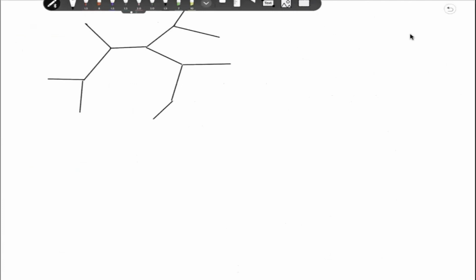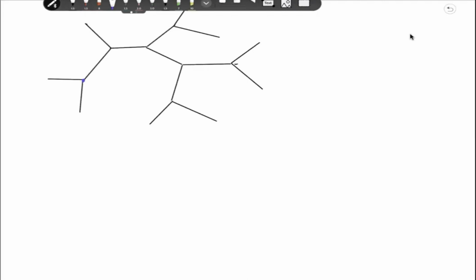Okay, so for example, if I take this tree, this is my tree, and now if I take 3 points, I want to prove that this tree is a hyperbolic metric space.